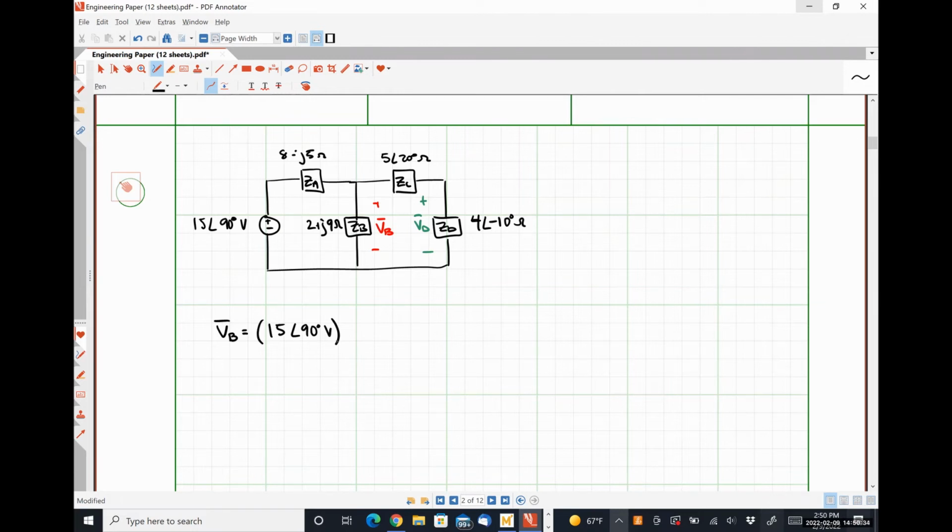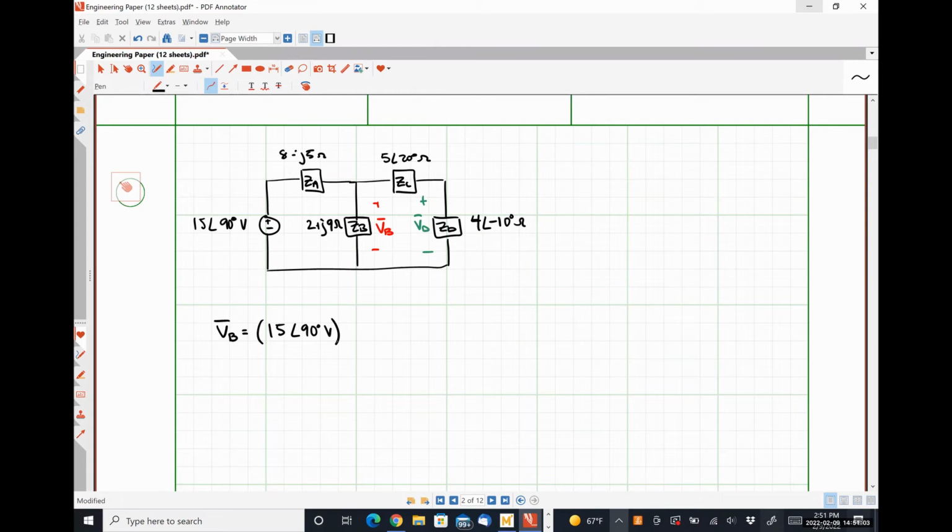Let's talk about what we're going to do here, okay? In my first application of voltage division, I'm trying to find this quantity VB, which represents the voltage drop over the 2 plus j9 ohm impedance in parallel with the series combination of 5 angle 20 degrees ohms and 4 angle negative 10 degrees ohms, okay?